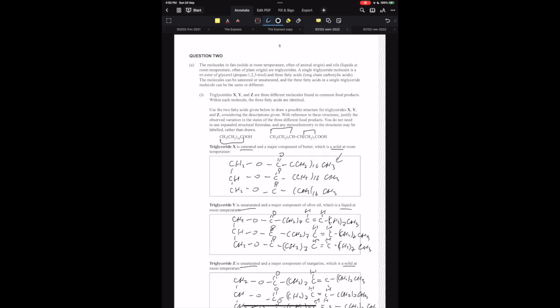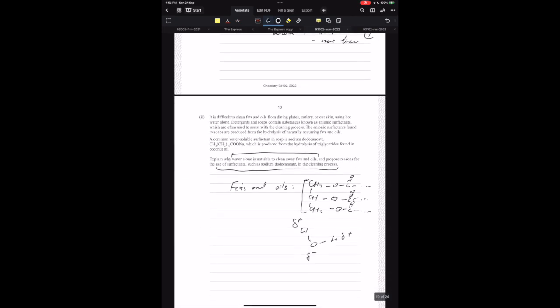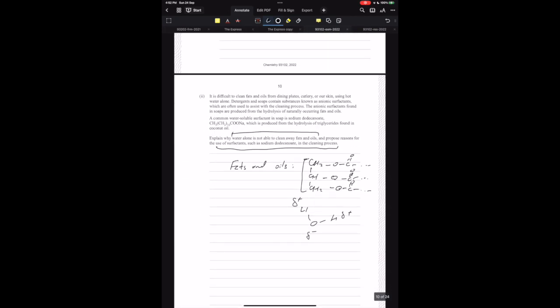You have a whole bunch of CH3, CH2, CH2, CH2, and so on, which are all non-polar, and it's all very long. So that means the triglyceride molecules are predominantly non-polar. Obviously, there are still some polar aspects to it, but in the grand scheme of things, it's still too big to be considered polar, and so it is considered non-polar.